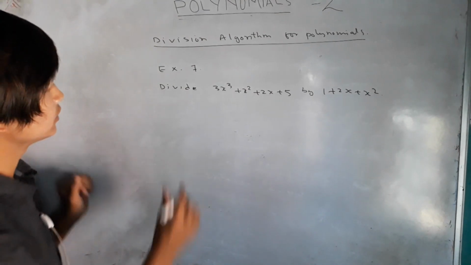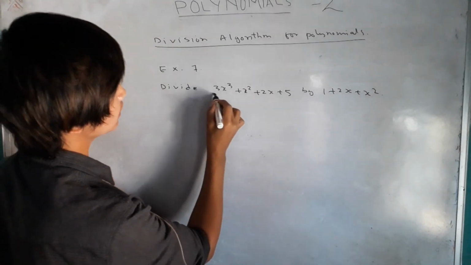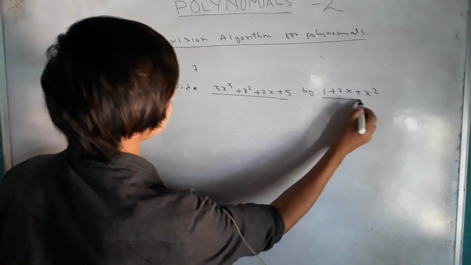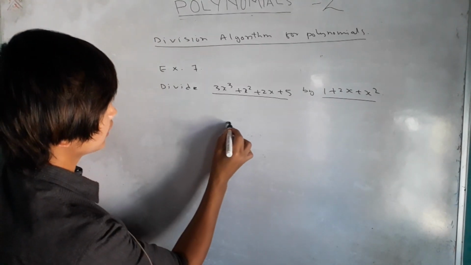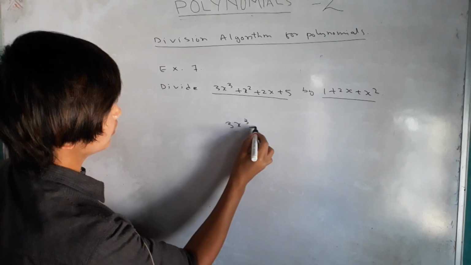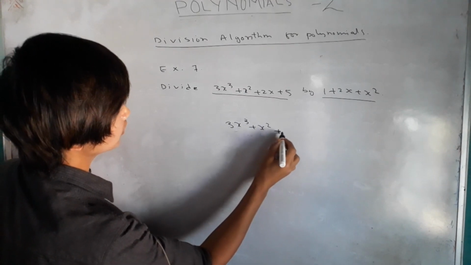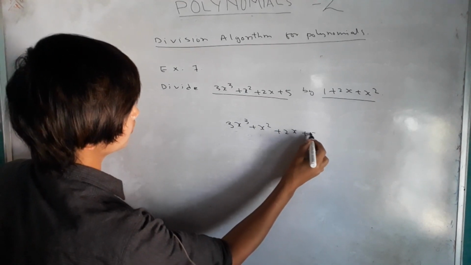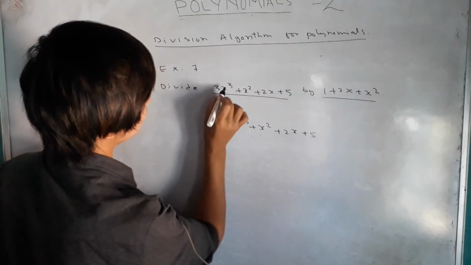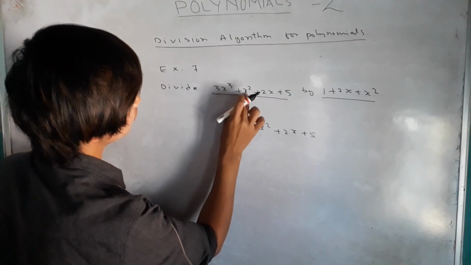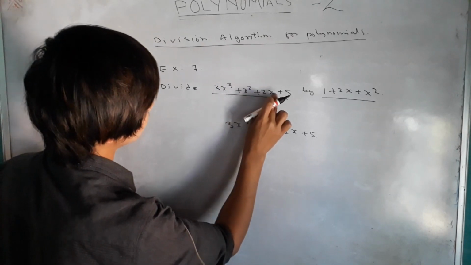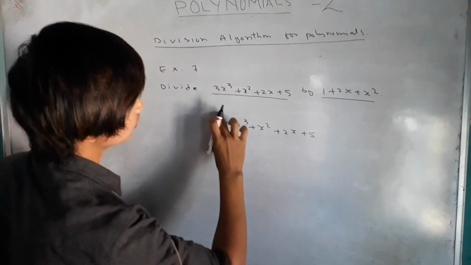Here I need to divide this polynomial by this polynomial. So in order to write 3x cube plus x square plus 2x plus 5, see the order here: the order is maintained. Here is cube, square, then x, then constant, so it is maintained.